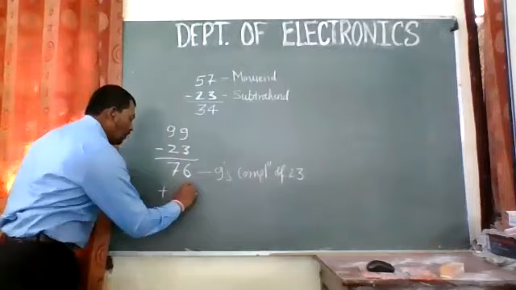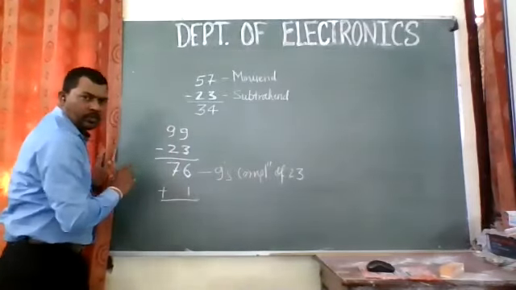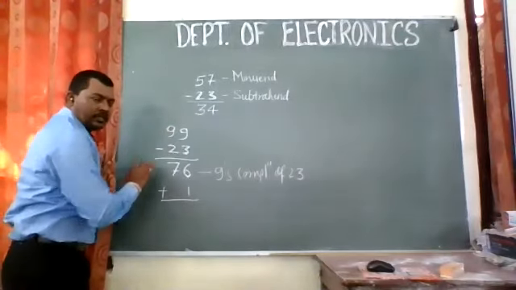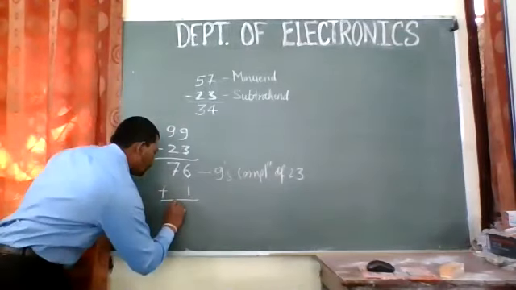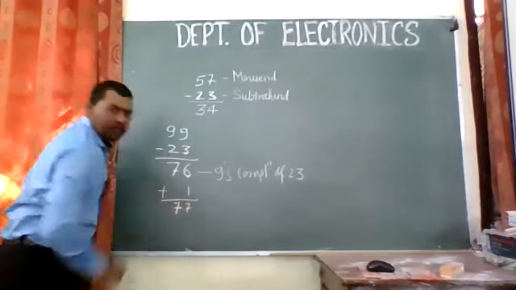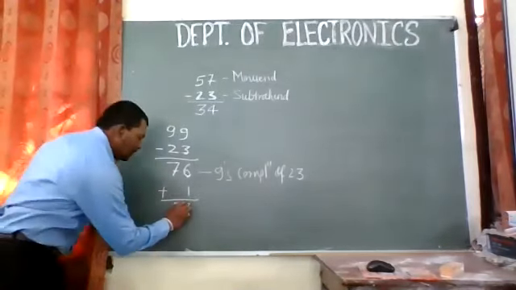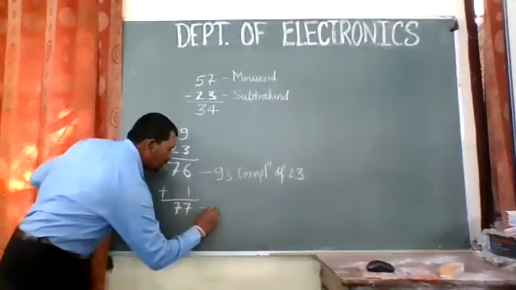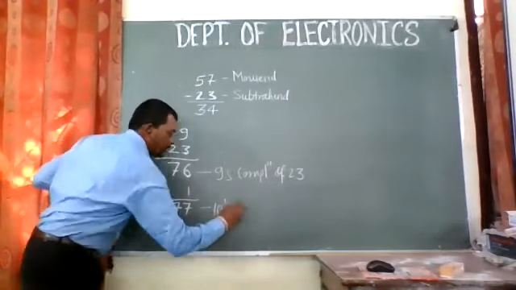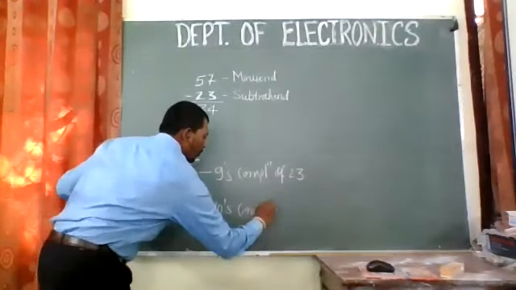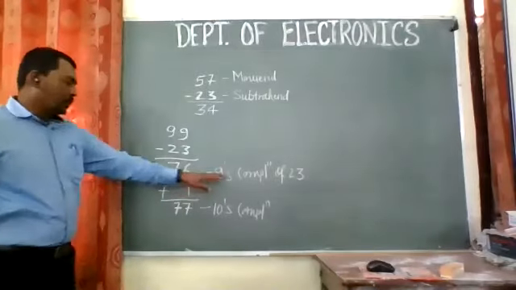Now if you add 1 to this, 76 plus 1, that is 77, and we call this the tens complement, the tens complement of 23.